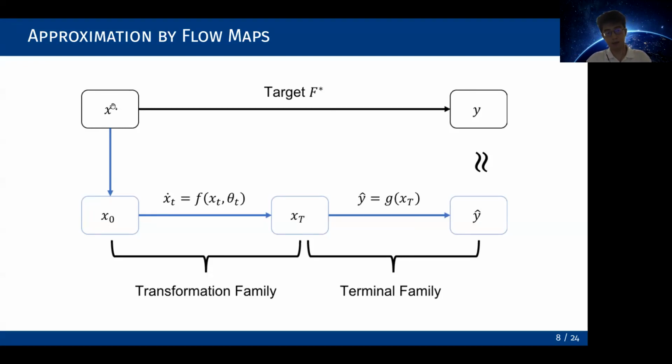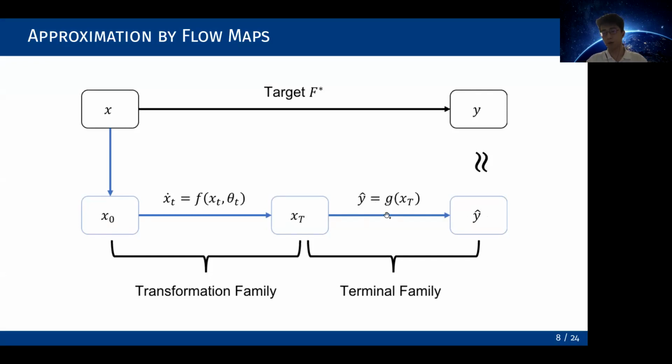We take x and set it to be the initial condition of some dynamical system, some ODE. Then we evolve this ODE up to big time T to get a transformed version of this original input. And then to match output dimensions, we apply a further very simple function g so that we make a prediction y hat.